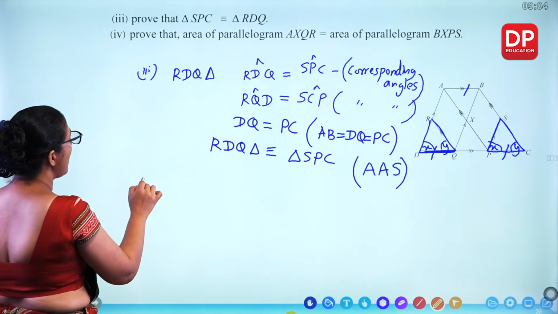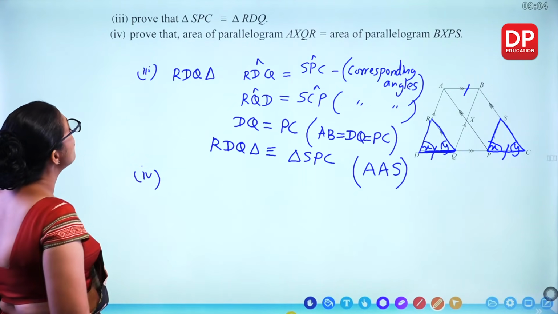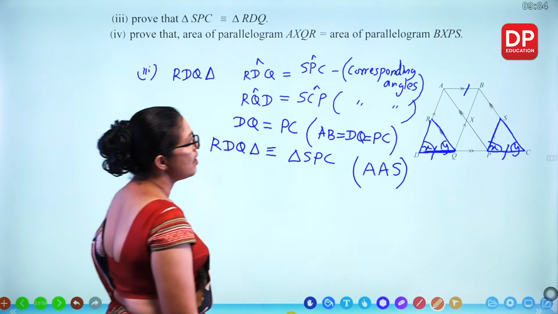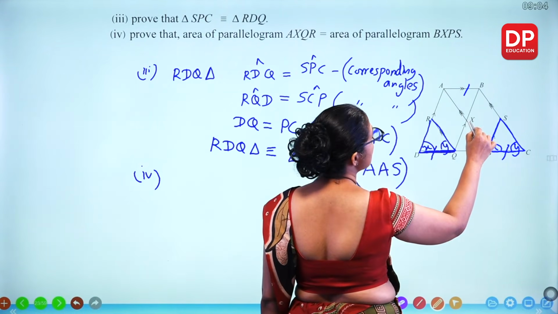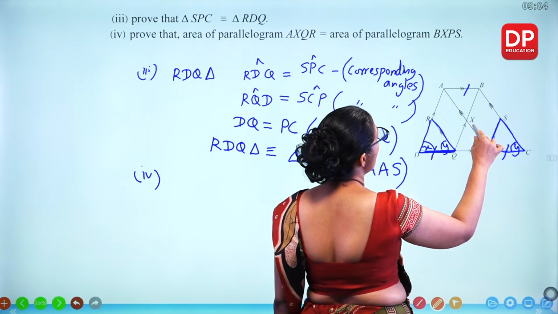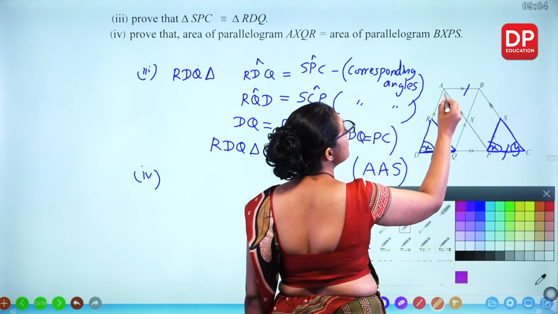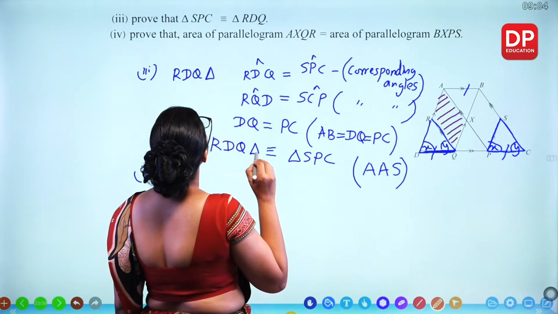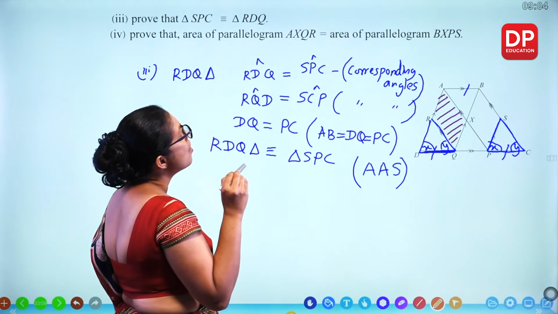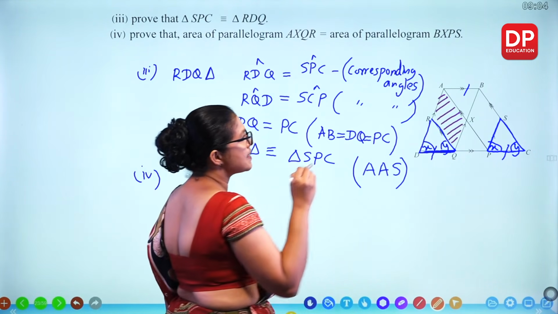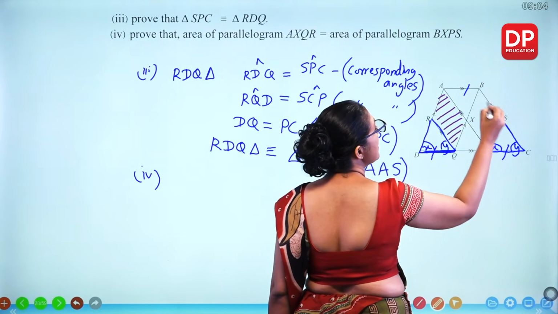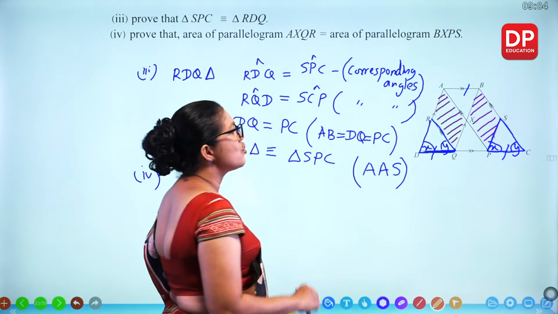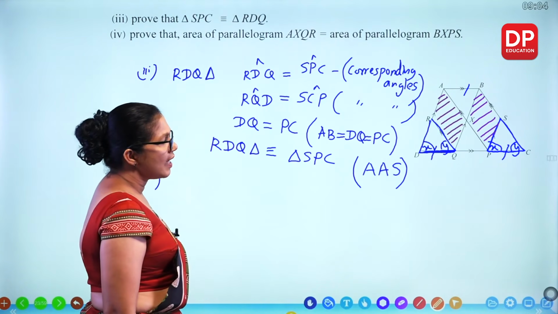Now, the fourth part says, prove that the area of parallelogram AXQR, this parallelogram, is equal to BXPS. BXPS is this one. How can we show that? Look carefully.